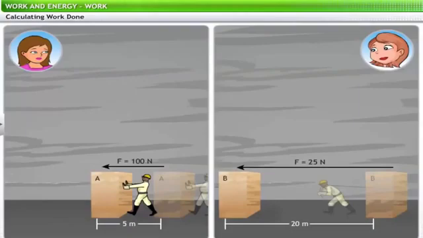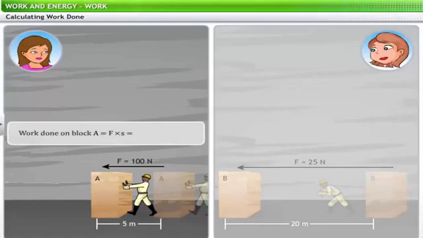Let me see. Even though the force applied and the displacement of the blocks in both the cases is different, the product of the force applied on the blocks and their displacement seems to be the same. Work done on the block A is the product of 100 Newton and 5 meters, which is equal to 500 joule.